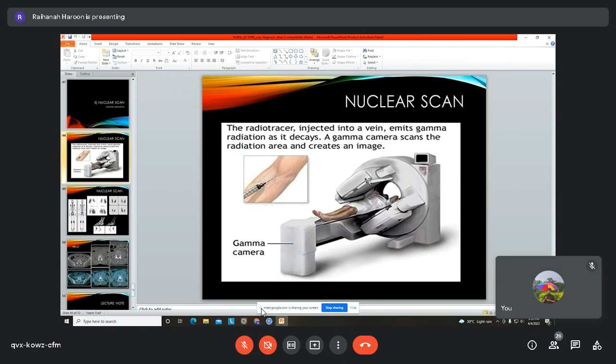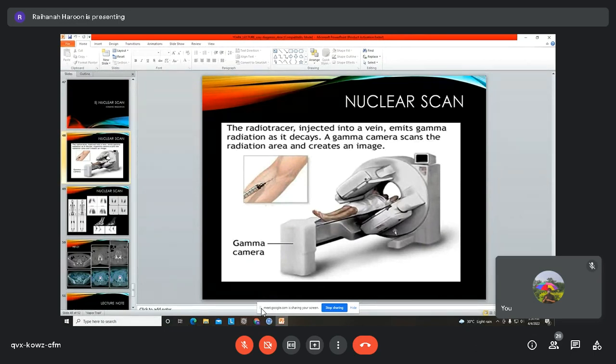But this is a different concept. You inject the patient with the radiation, and then it follows all the physiology of the flow of the blood, and depending on what type of radiotherapy you're giving, the one that will reside in the thyroid, the one that will reside in the kidney, you can evaluate certain organ of interest.